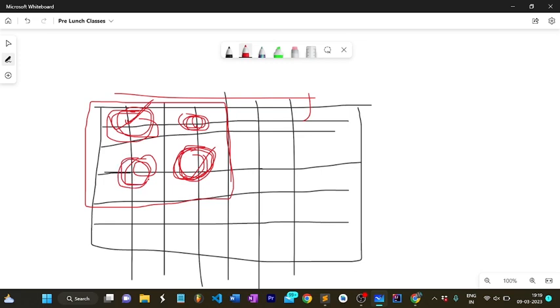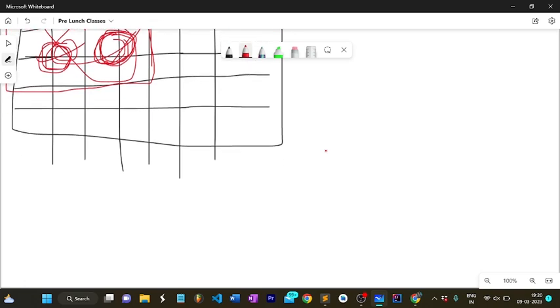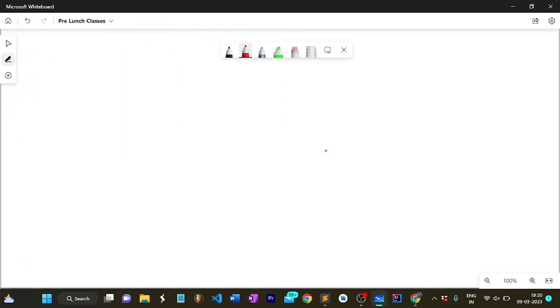Similarly, the XOR of this 2 cross 2 will be 0 and this 2 cross 2 will be 0, then this will also become 0 and our condition will be satisfied here. Okay, so how can we make the XOR of every 2 cross 2 matrix equal to 0? We have to find some pattern, or you can say some constructive algorithm, to design a matrix so that it can satisfy the given conditions.